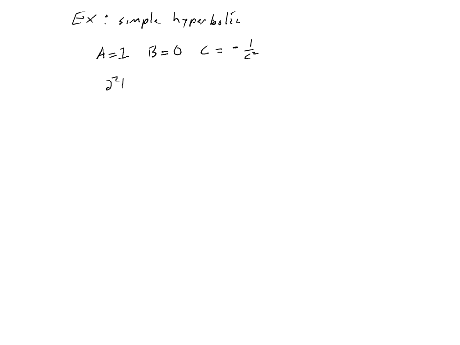Then you get the partial second derivative of psi with respect to x minus 1 over c squared times the second derivative of psi with respect to t equals 0. So this is basically the wave equation, right? And you can see that there's no cross term, so B is equal to 0. And one of these has got to be negative, either A is negative or C is negative. So when you multiply A times C, you're always getting a negative number, which is less than 0. So therefore, it's always hyperbolic.